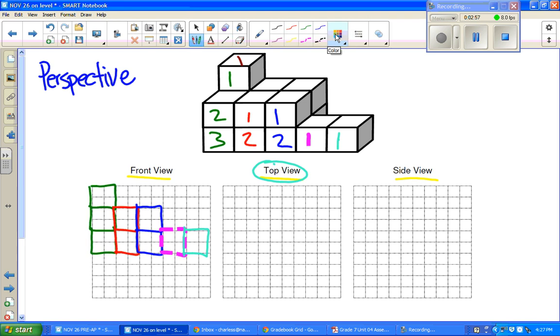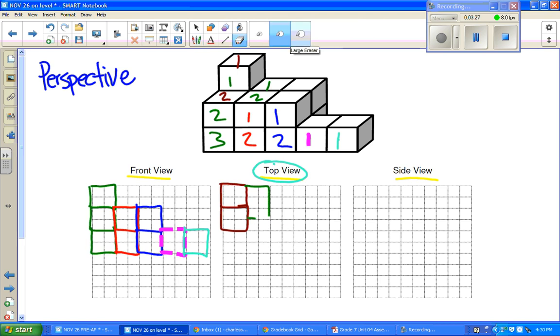So looking back at the top view, we're going to look at the left. We have 1, 2, so we're going to draw that. Moving across the top to the right, we have another 2. 1, 2. Draw those.